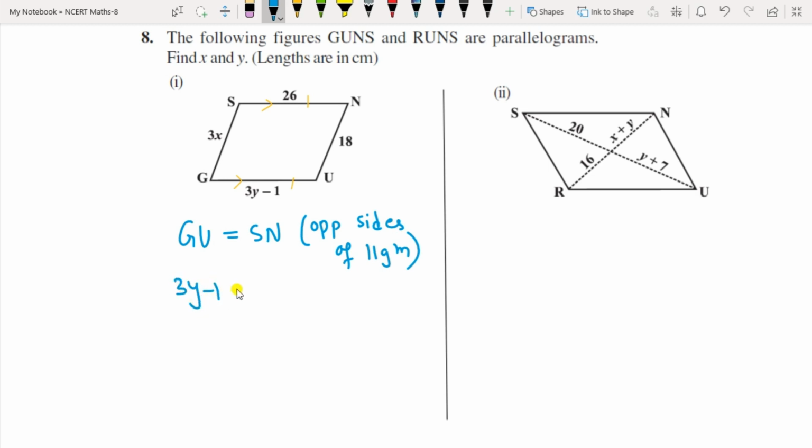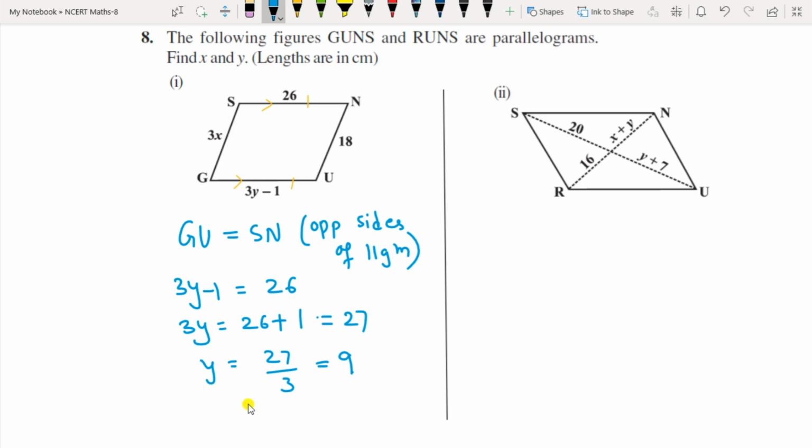Therefore 3y minus 1 will be equal to 26. 3y equal to 26 plus 1, that is 27. So 3y equal to 27. So y equal to 27 by 3, that is 9, the answer. So y will be equal to 9.